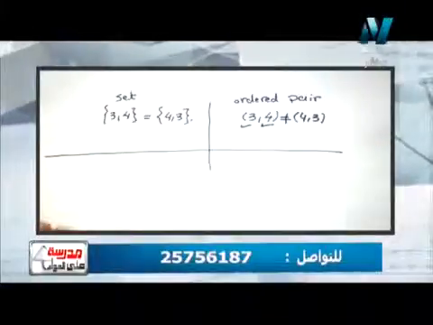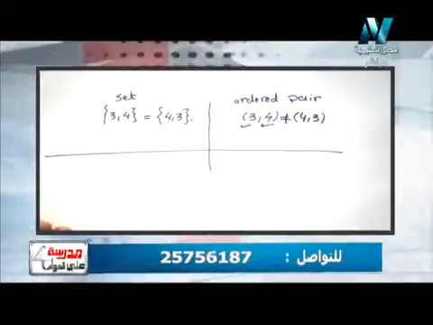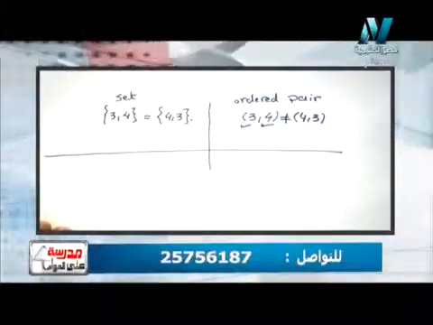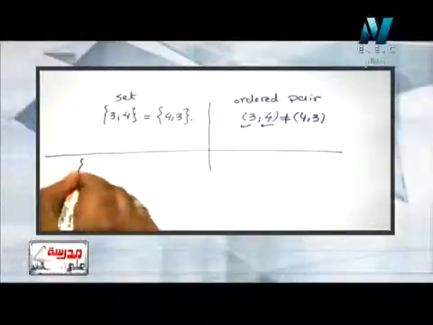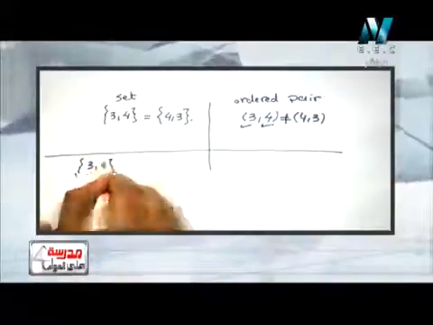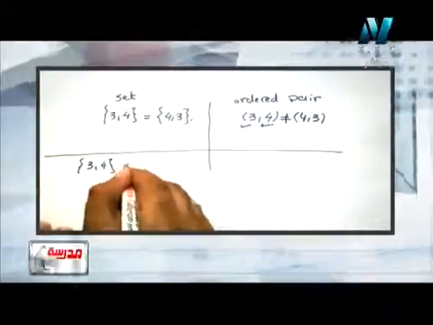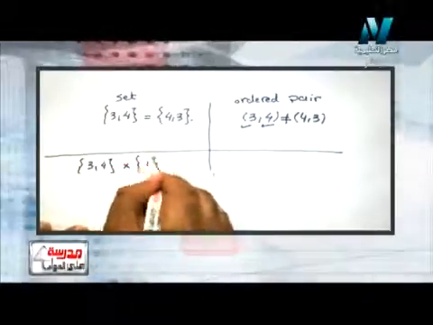Now how to perform the Cartesian product: the Cartesian product is considered a special product. For example, if I have a set like {3, 4}, and we want to find its product with another set like {1}.